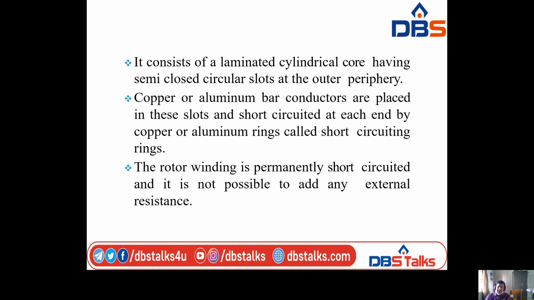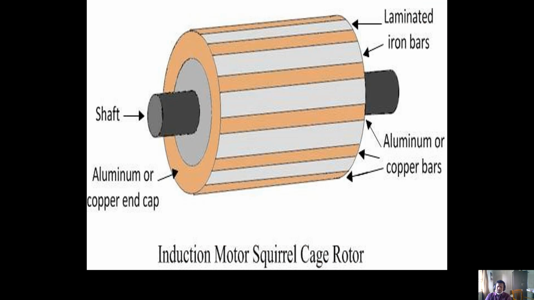Whenever the rotor is short circuited, the current flows through the rotor conductors, and then it develops the torque because of the twisting moment or turning moment of the force about an axis. That torque rotates the three-phase induction motor.